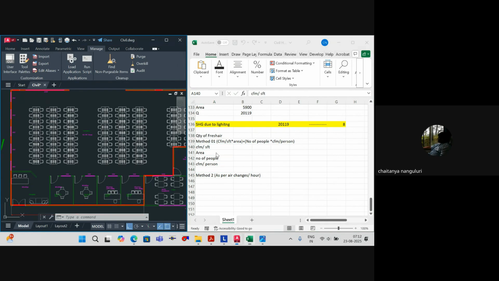So this CFM per square feet, according to the office area, we have to take it, right?